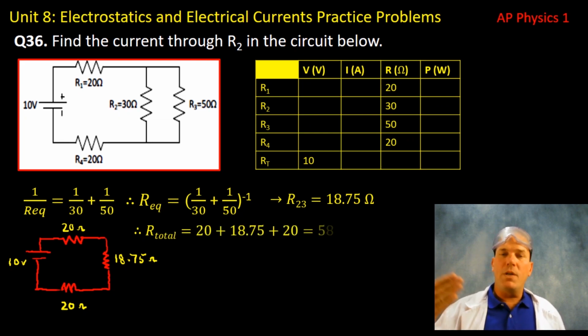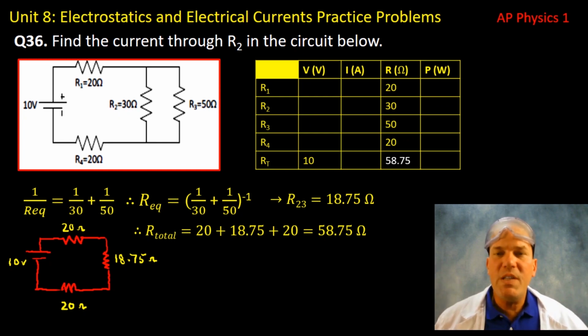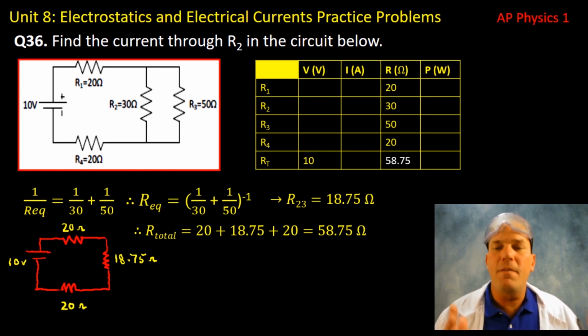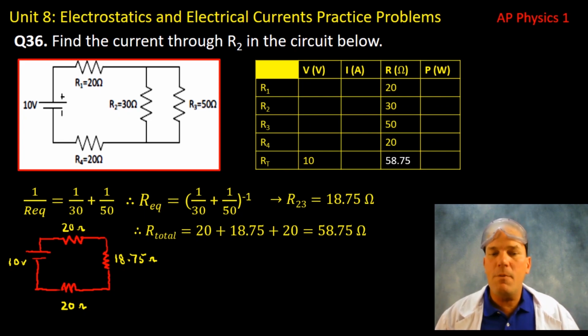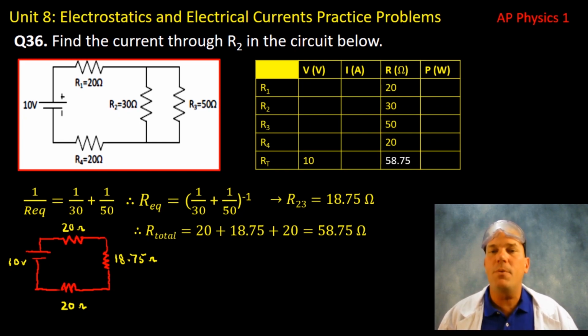I'm going to add 20 plus 18.75 plus 20 to get a total resistance for this circuit of 58.75. Now look at the parallel component again, please. The parallel equivalent was 18.75. That is less than 30.